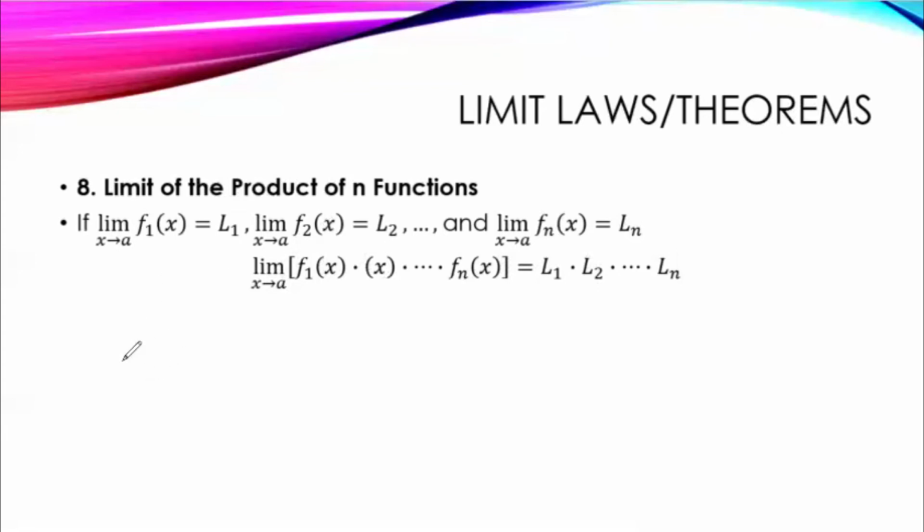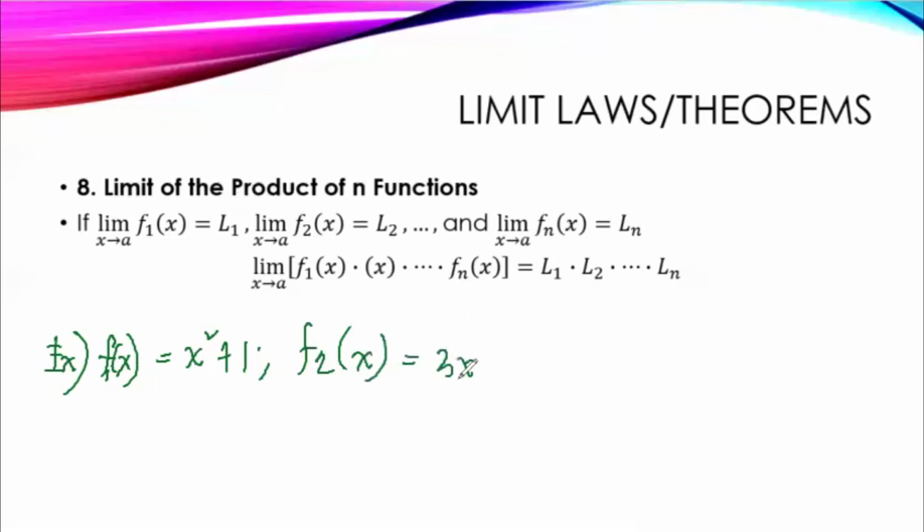Okay? So for example, suppose we choose the simplest example: f sub 1 of x is equal to x squared plus 1, f sub 2 of x is equal to 3x minus 4, and f sub 3 of x is equal to 2x plus 5.